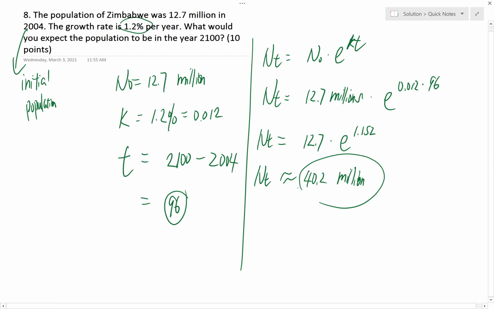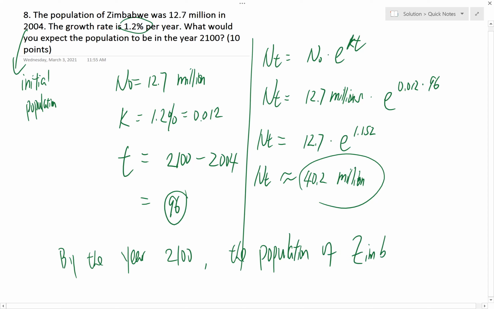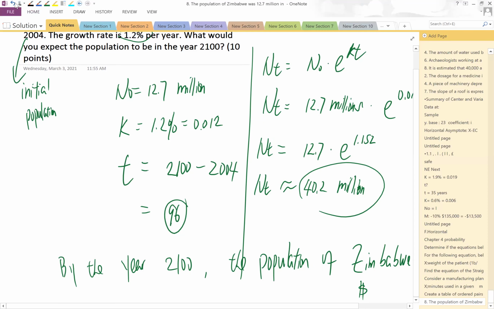So by the year 2100, the population will become 40.2 million.